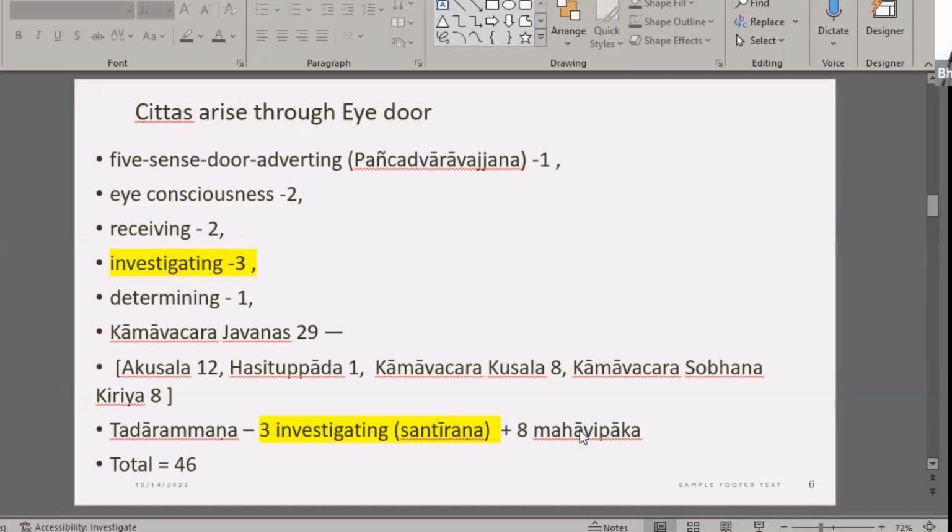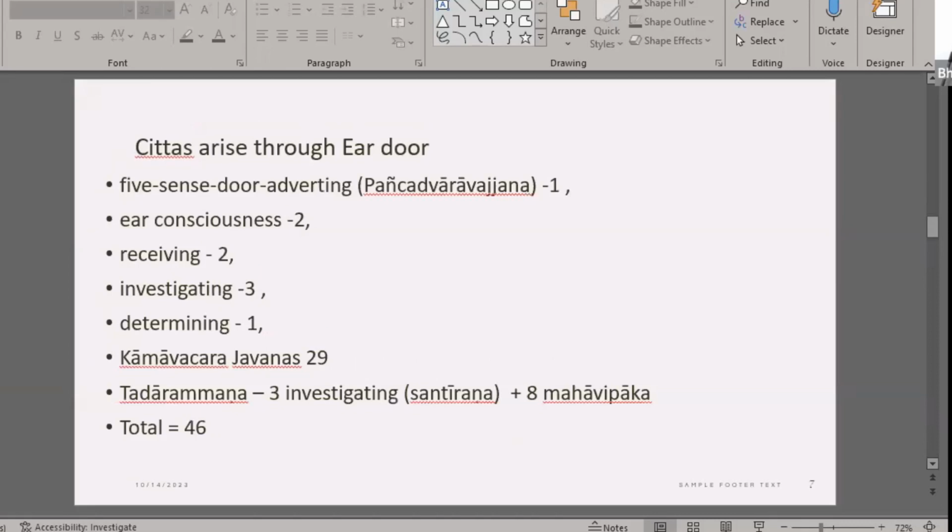When we understand the eye-door, we have to substitute. We only have to shift one section. Instead of eye consciousness, we have to add ear consciousness. Similarly, when sound strikes our ear, adverting consciousness arises, Pancadvaravajjana.